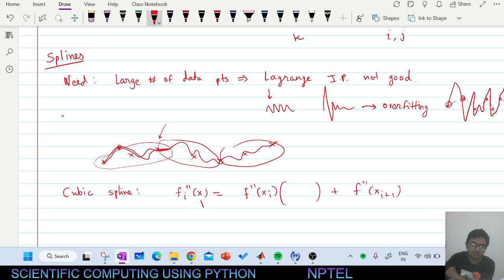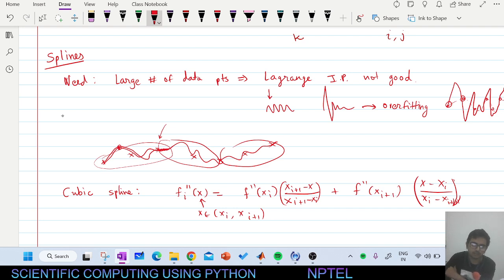This is when x belongs to xi to xi plus 1. The coefficient is xi plus 1 minus x over xi plus 1 minus xi, and here it should be symmetric, right? So x minus xi over xi plus 1 minus xi.